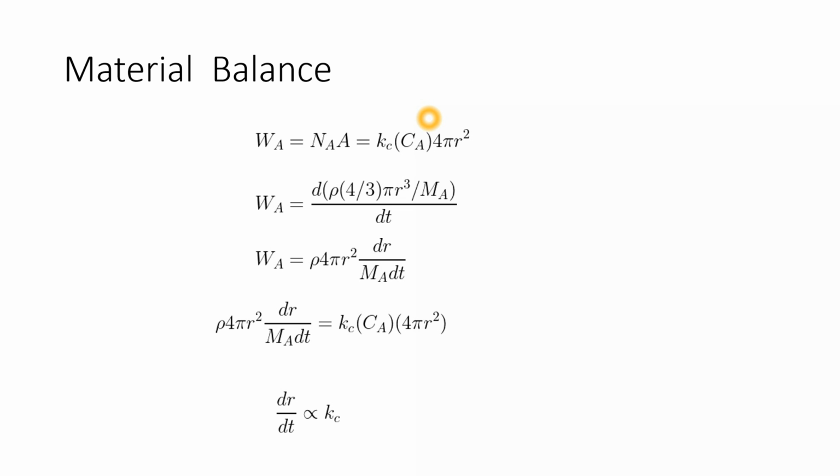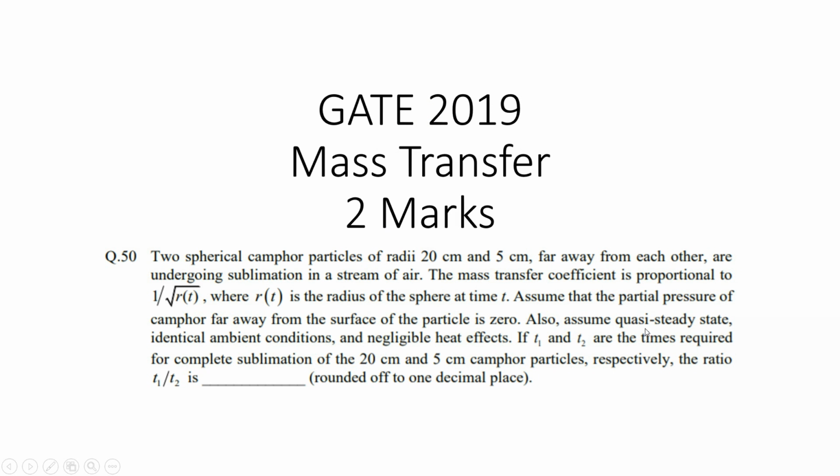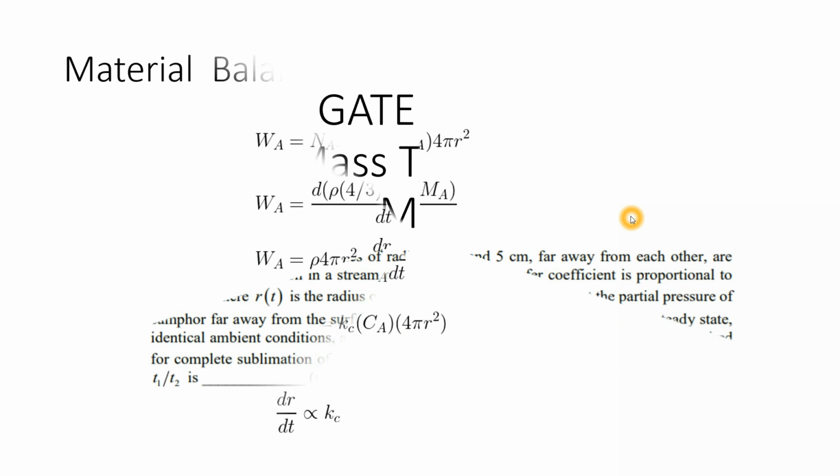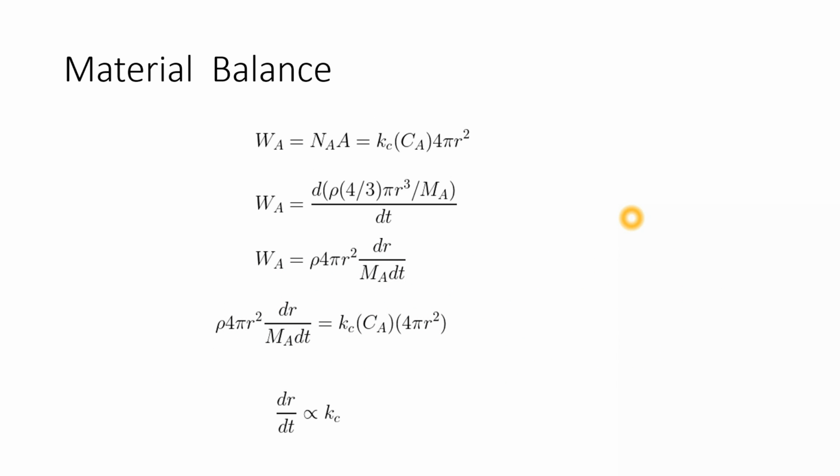Or you can use partial pressure here also, since it is given that temperature is constant. Also we assumed quasi-steady state, identical ambient conditions and negligible heat effects. So temperature will remain the same, so we can write it as concentration.